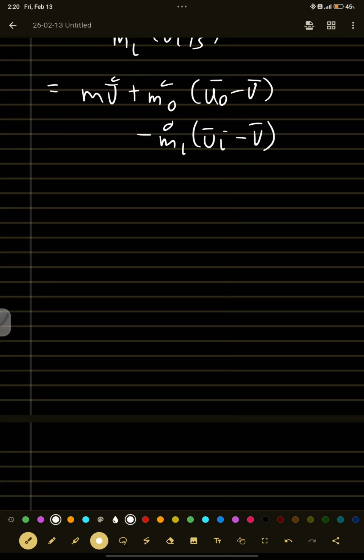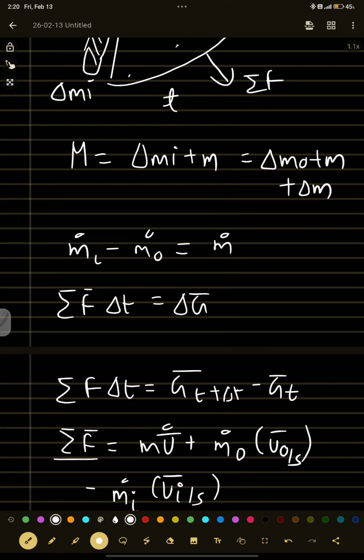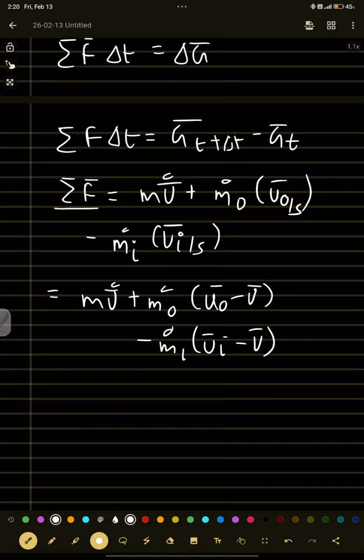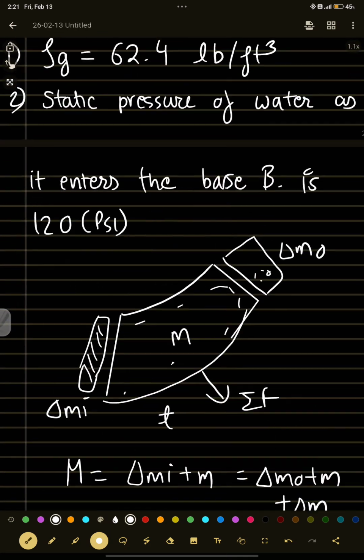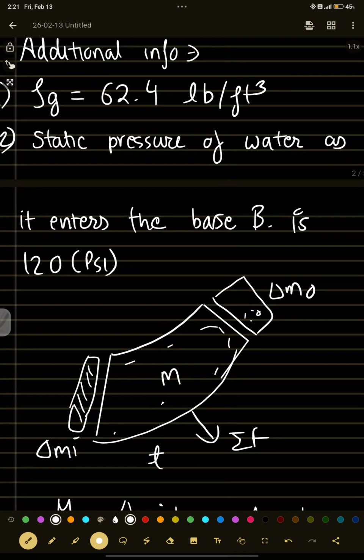It may change with space, but it will not change with time. We can now call the equation 1. So when you apply the steady flow condition, this is due to the steady flow.